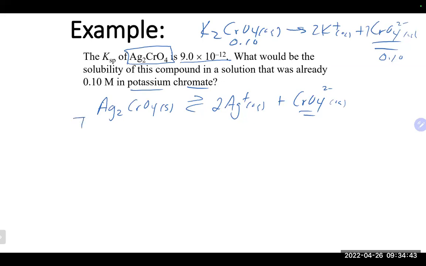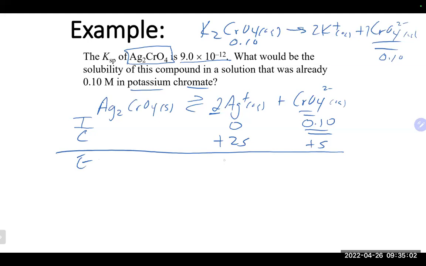So we'll start our ice table here, initially 0. Important though, we do have an initial concentration of chromate from that potassium chromate. The rest of the table will be normal. We want to make sure we also include the 2 for the coefficient and an S, giving us 2S and 0.1 plus S. Any questions on that so far?